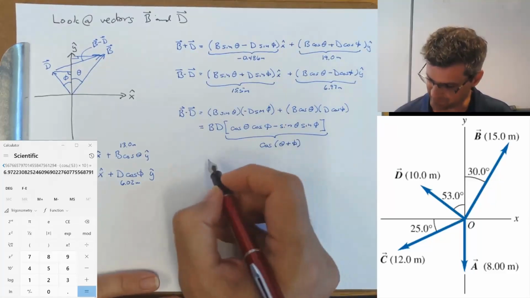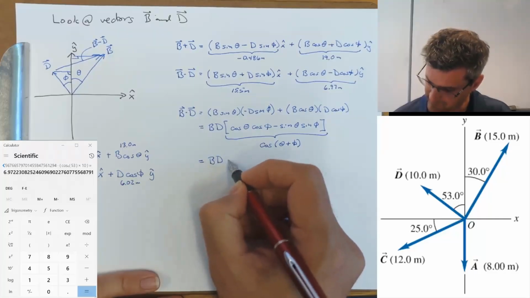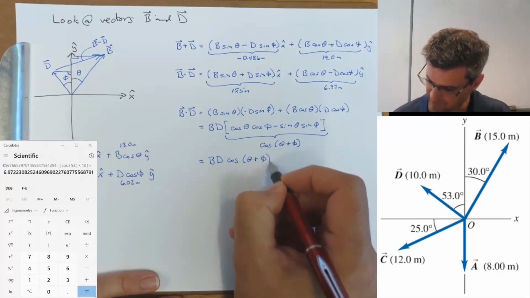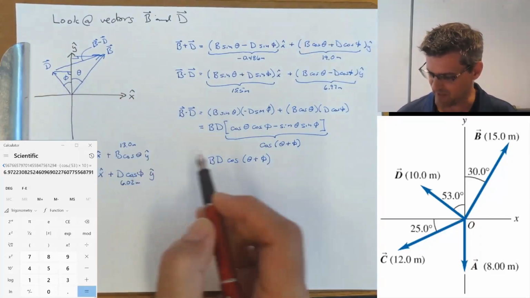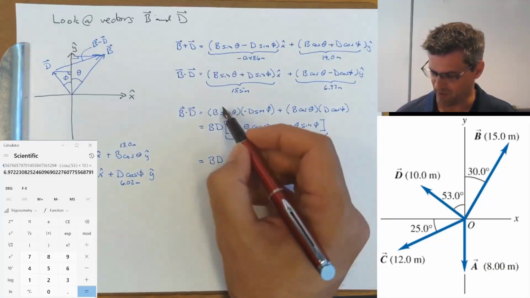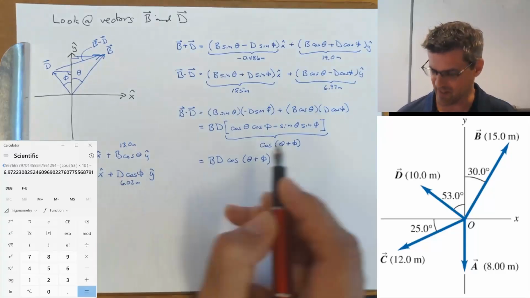That's what this is. What is the angle between B and D? Theta plus phi. B, D, cosine of the angle between. We see it through components. We see it graphically. They are the same thing.